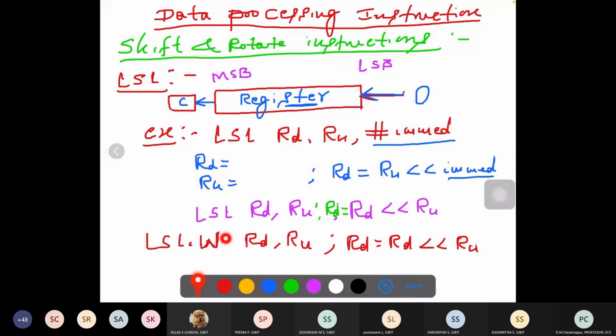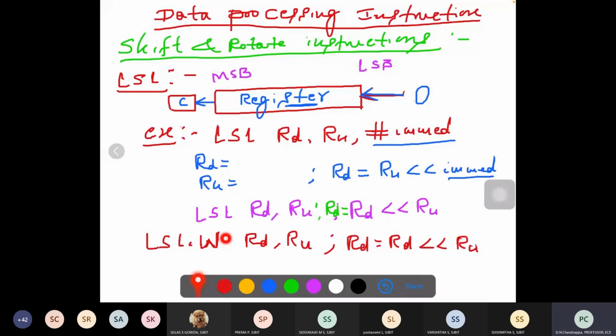The syntax is also the same: RD, the destination, is shifted by the number of bits specified by RN, but it is a 32-bit LSL. So this is the syntax and way of operation.